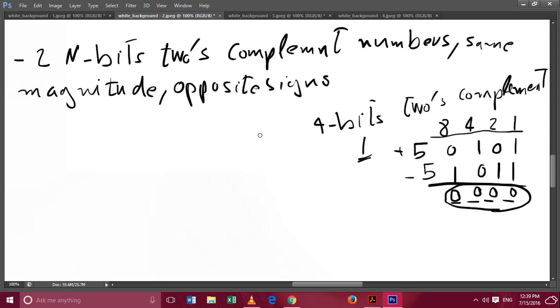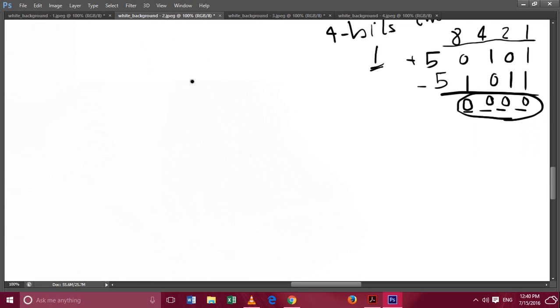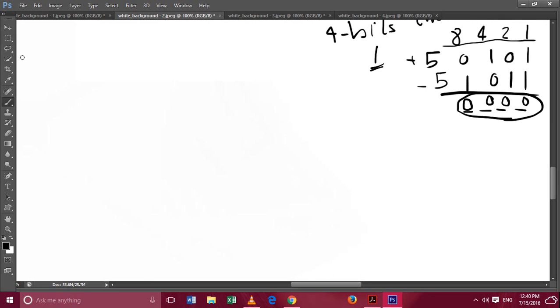Now, there is one point that we need to bear in mind when we are using two's complement to add numbers. I'm going to write it down.